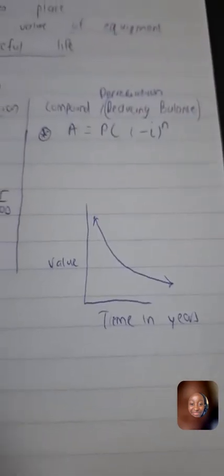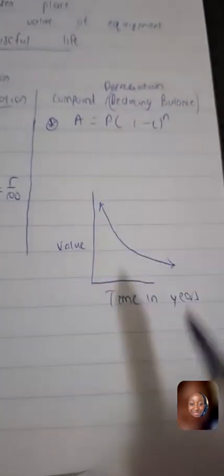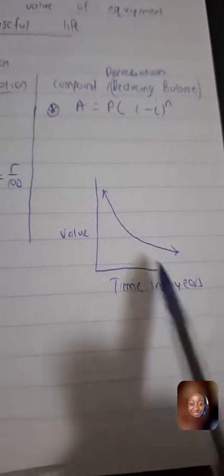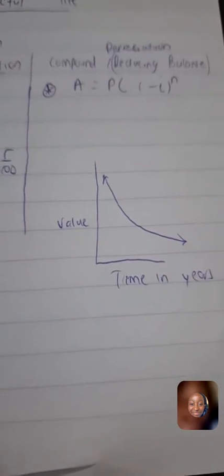Okay, then the graphical representation is what you would see. Instead of a straight depreciation, it's sort of like a curve. But it also shows that as the number of years passes by, the value decreases. Just graphically a bit different.